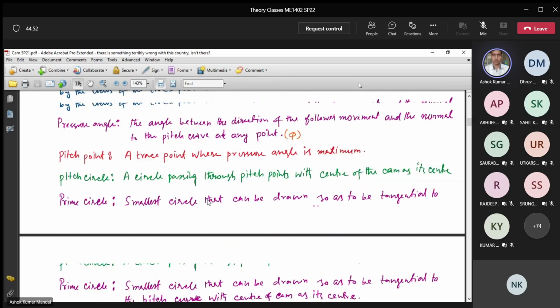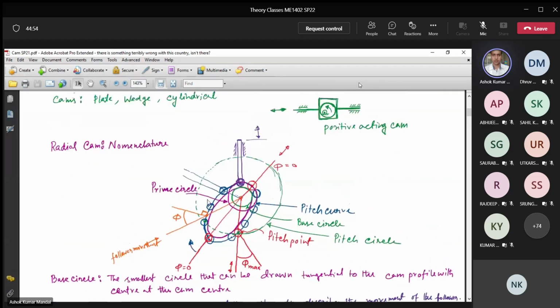You can understand from this example also, when the follower is moving from this point to this point, the path is circular. That means there will be no motion of the follower when it is touching these points. Whereas when it is on this, the follower will rise.